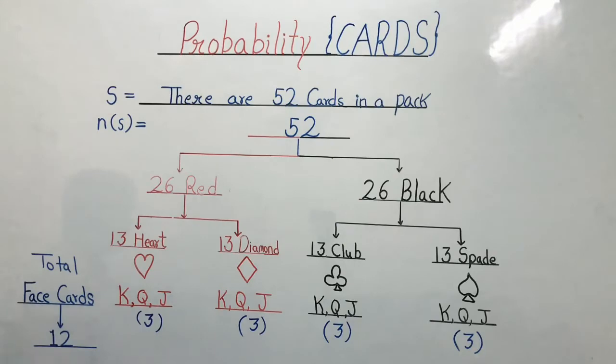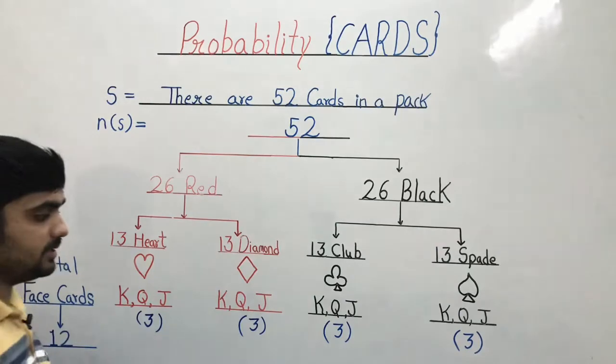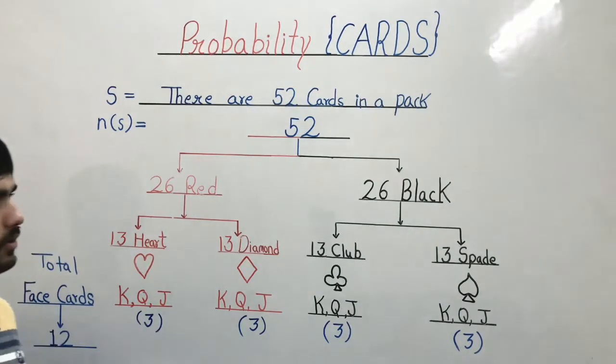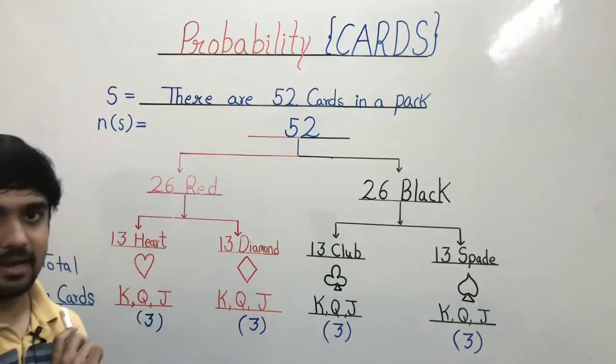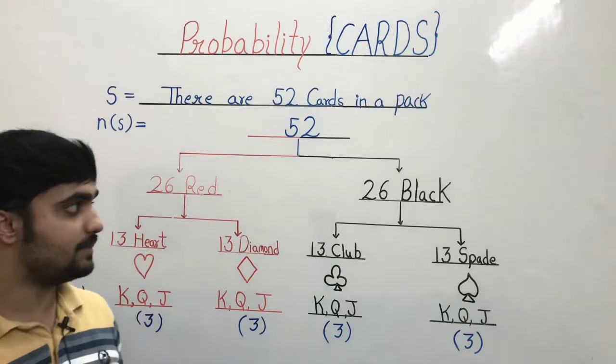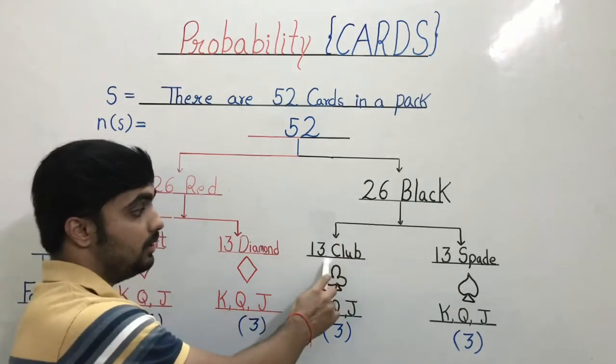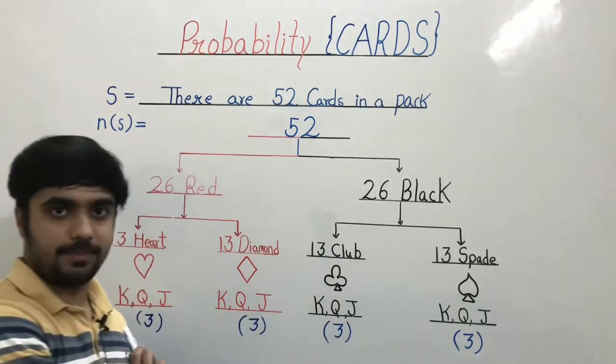Now there are 3 face cards in each set, that is king, queen and jack. So heart also consists of 3 face cards, diamond also consists of 3 face cards. Now we'll see about black cards. As we know there are 26 black cards. These 26 black cards are distributed in 13 club cards and 13 spade cards.